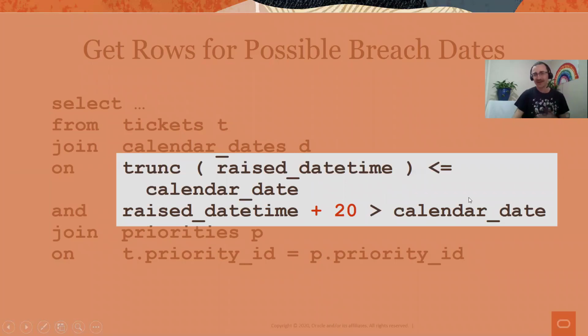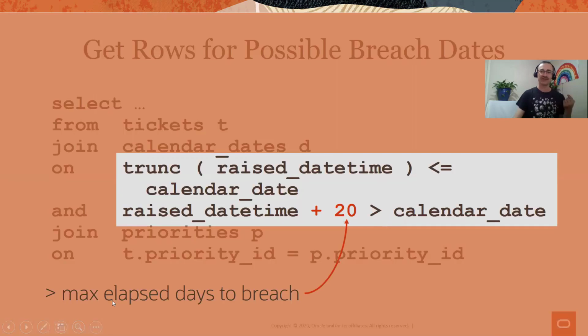If either we don't have enough dates in the dates table, or we set this upper bound too low, say to 8 or 9 days, and someone raised that ticket just before Easter, this whole algorithm is going to fall over because we haven't seen far enough into the future. So we need to set an upper limit here, just so we don't consider everything and make the SQL run quicker, but set it too low and everything will fall apart.